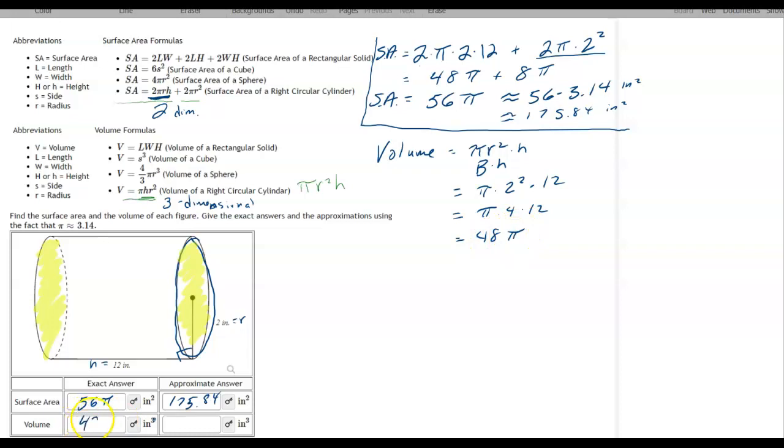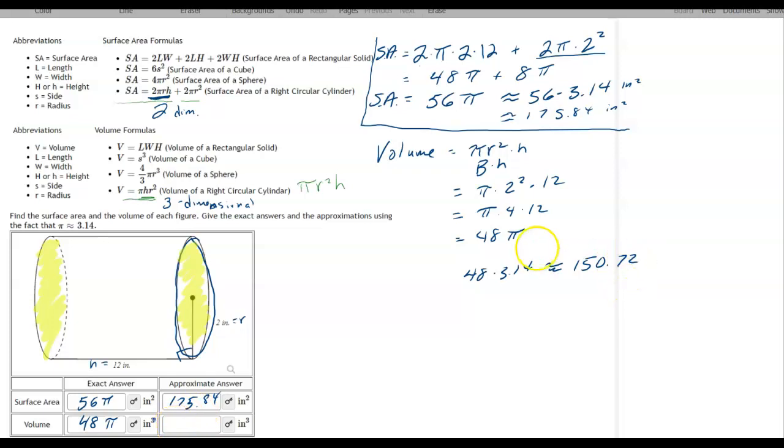Much simpler. And now we multiply 48 times 3.14 as an approximation. You can stop the video for a second to do that. That is 150.72.